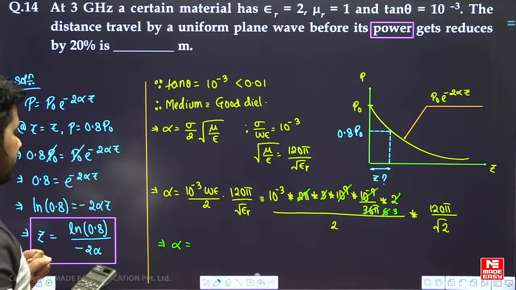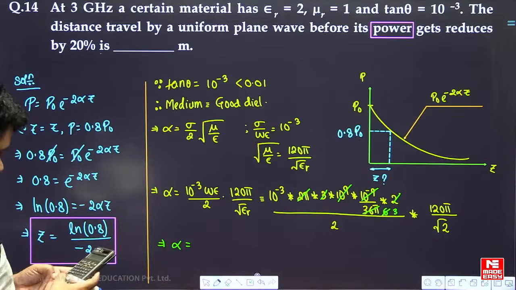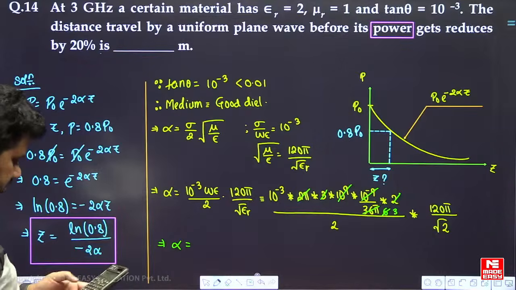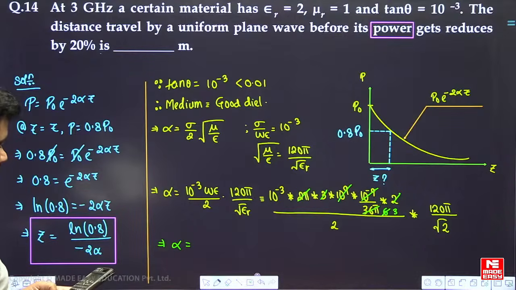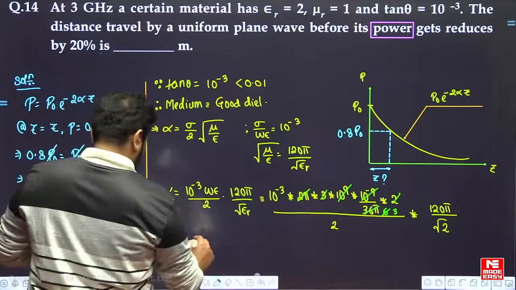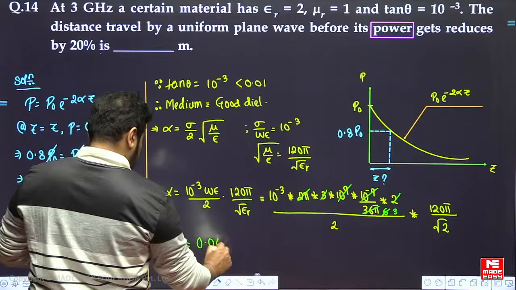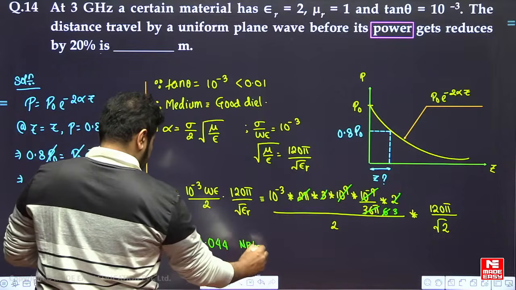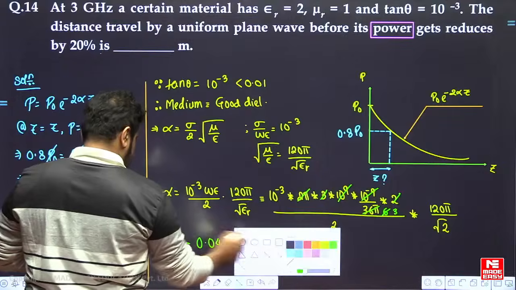In the numerator we are left with 10 to the power minus 3 divided by 3. Alpha is coming 0.044 Nepers per meter, right? So we have got the value of alpha.